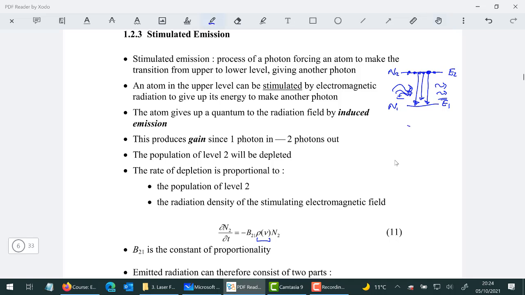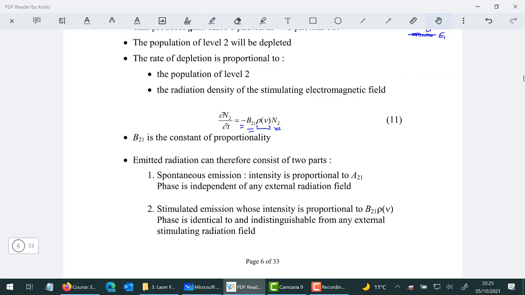If we have no atoms in level 2, if they're all sitting down in level 1, then we can't get any stimulated emission. So it depends on N2. And again, we have a constant of proportionality, which is our Einstein B coefficient, but this time with the subscript 2 1, because we're going from level 2 down into level 1. And again, we have a minus sign here because we have a reduction in the number of atoms in level 2 over time.